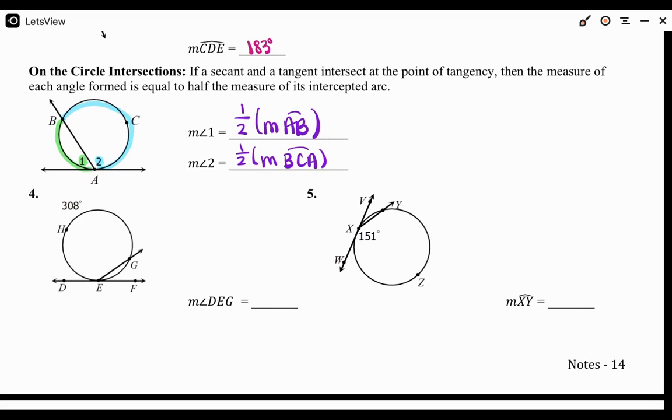So in number 4, if we want to try to find angle DEG, that's this angle in here, we are going to just take half of arc EHG, so half of 308, which gives us 154 degrees for that angle.